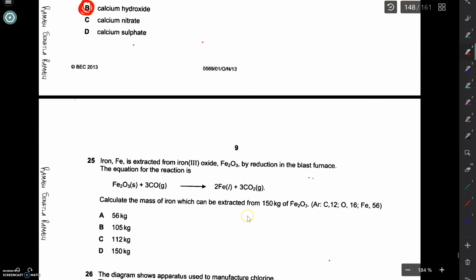Right. So the first thing to do is to find the number of moles of iron 3 oxide. The formula for the number of moles, n, is n equal to mass over molar mass.